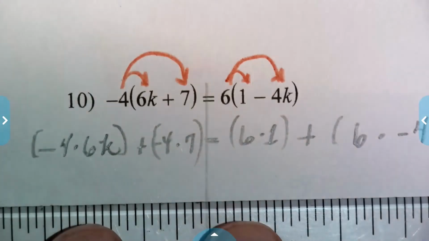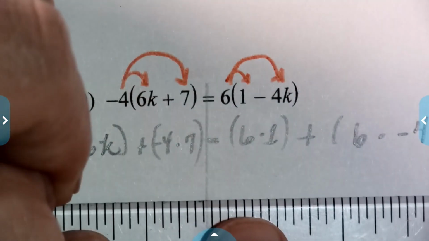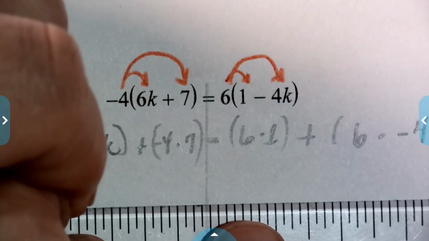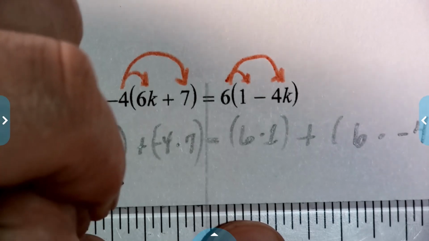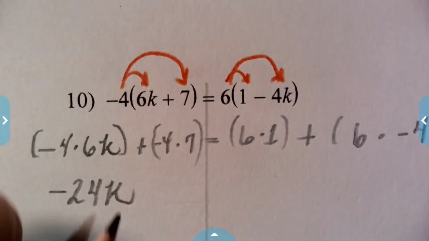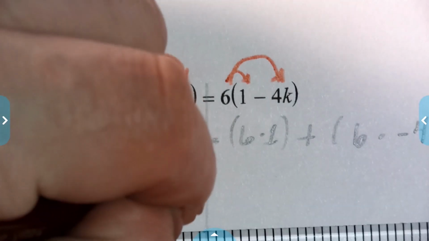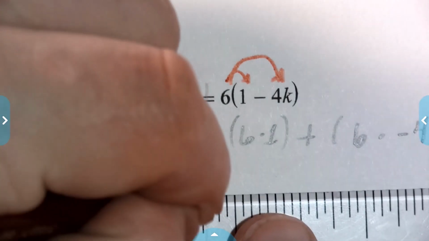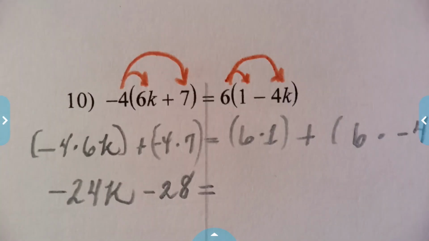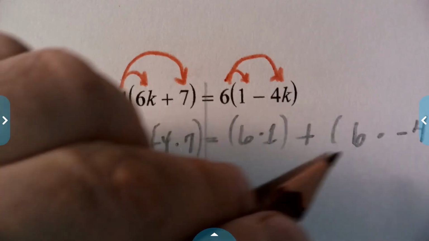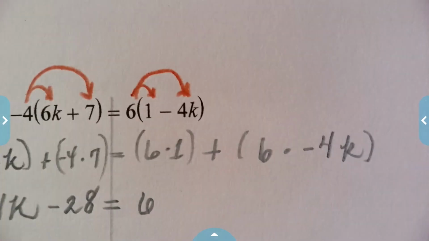Okay, so there's everything. Now let's just simplify it down. Negative 4 times 6k is negative 24k. And negative 4 times 7 is minus 28. Now I've got 6 times 1 is 6. And then I've got 6 times negative 4k, which is negative 24k.